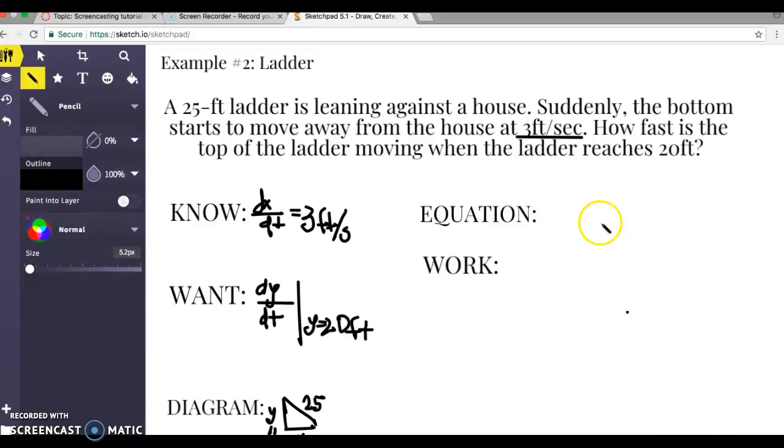All right, and then for the equation, this is a triangle, so we're going to do a squared plus b squared equals c squared. But in this problem, we put it into terms with this. So that would be x squared plus y squared equals 25 squared.